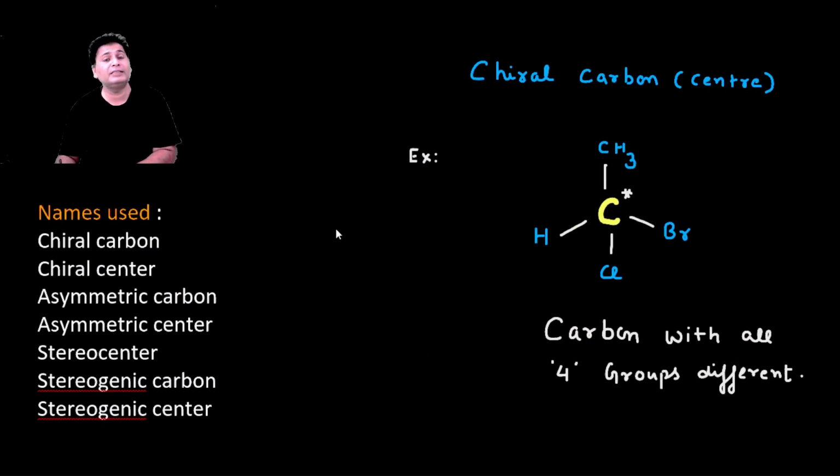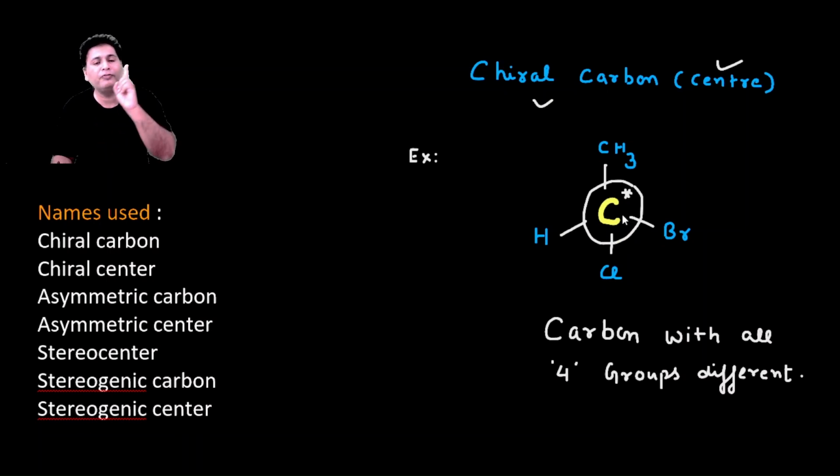As you can see on your screen, first I have tried to explain the meaning of chiral carbon, or you may also call it a chiral center. Now, for a chiral carbon, you must have a carbon whose all 4 valencies, all 4 bonded groups, must be different.